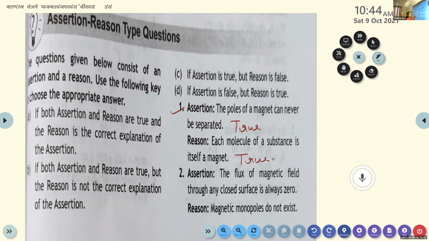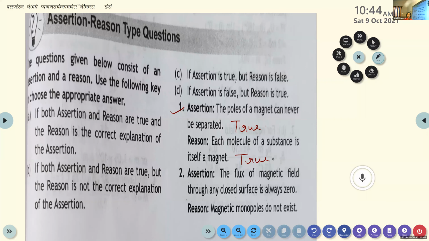Then check whether this reason is the correct explanation for the assertion. This is the next step. If both assertion and reason are true, the next step is to check whether the reason is the correct explanation for the assertion or not. Yes, of course, it is the correct explanation. It is because each and every molecule of the magnetic substance behaves like a magnet.